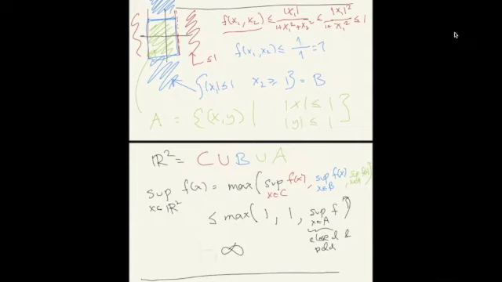Now, we gave upper bounds for the values in these parts. In C, we got an upper bound of 1. In B, we got an upper bound of 1. And in A, well, it is a closed and bounded subset, so it has some upper bound. So this function now is bounded. Being bounded is the first step of having a maximum.